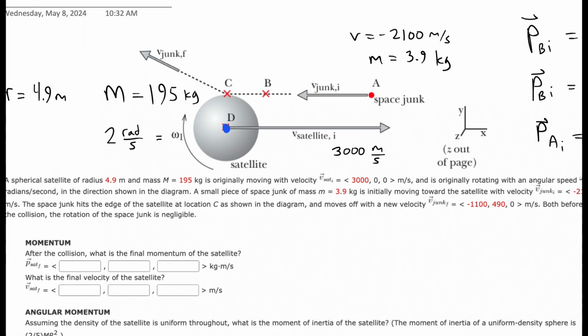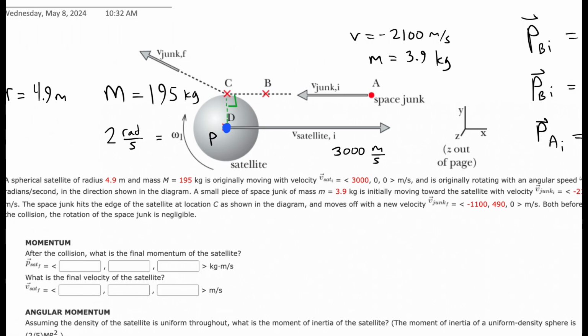So I'm going to pick the center of the satellite as my pivot point, P. Now I could find the angular momentum of the space junk about that point P, and here's how you do it. You have to come up with a lever arm, which is a distance away from your pivot point P. It's perpendicular, though, to the direction of motion of the object in question. In this case, the space junk is moving not directly at pivot point P, but it's moving around it.